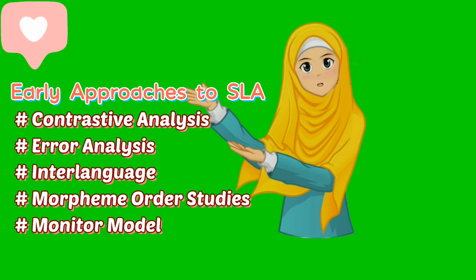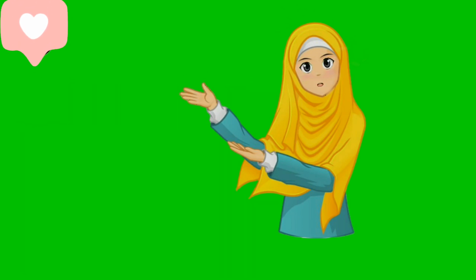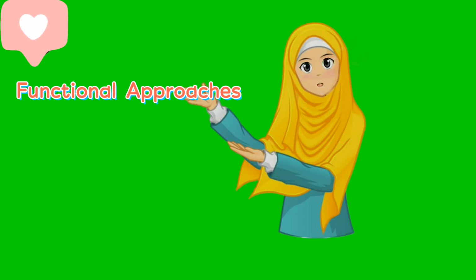Next, the monitor model. One of the last of the early approaches to SLA, which has an internal focus, is the monitor model proposed by Stephen Krashen, 1978. And the last material is functional approaches.